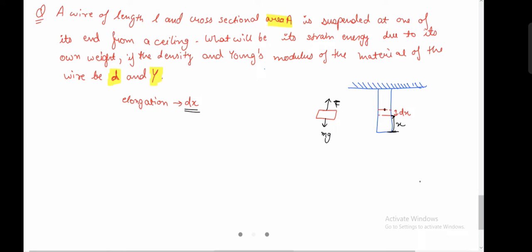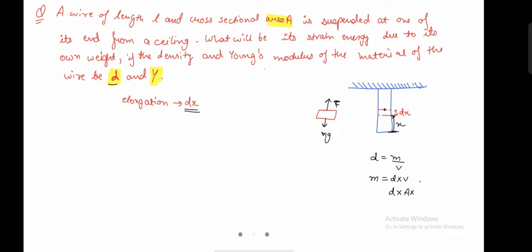So let's say density is equal to mass upon volume. This is what we know. Density is given to us as d, and volume isn't given, but length is given as well as the area. So what will be the mass? Mass will be equal to density multiplied by the volume. Density is going to be d only because it is given, but what about the volume? Volume we can write as area multiplied by the length.